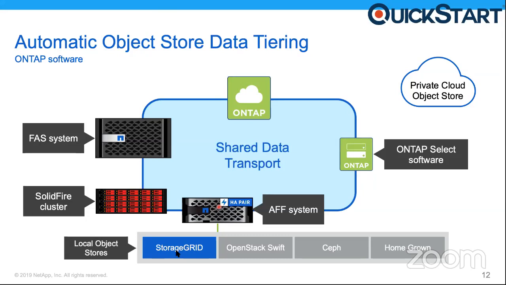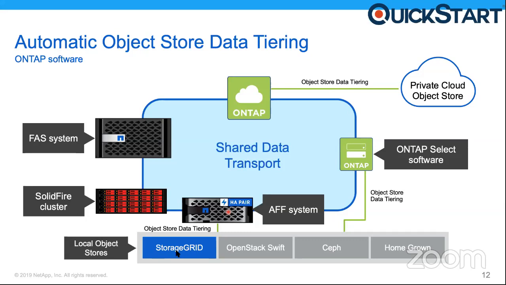That S3 bucket might be on a StorageGRID system, which is our own object-based storage. Might be in an S3 bucket on the cloud as well, in AWS or Azure. So we can do some tiering directly from our AFF systems.